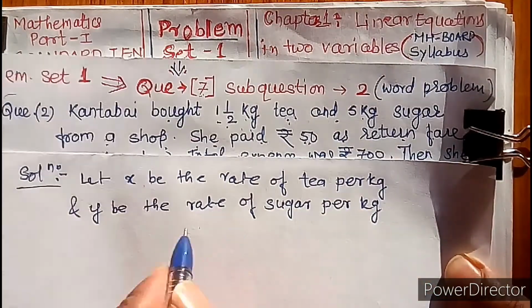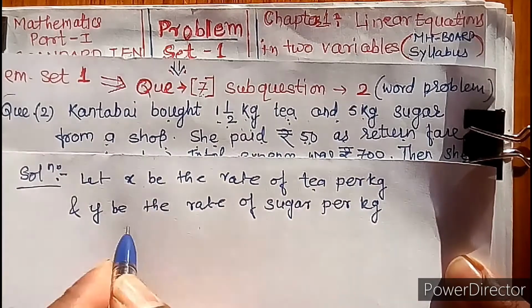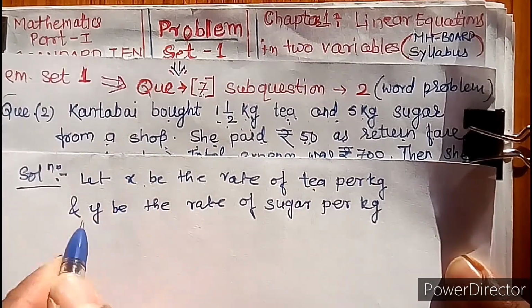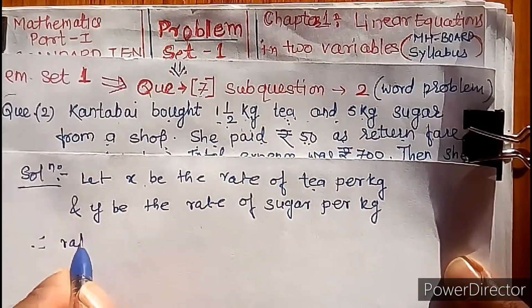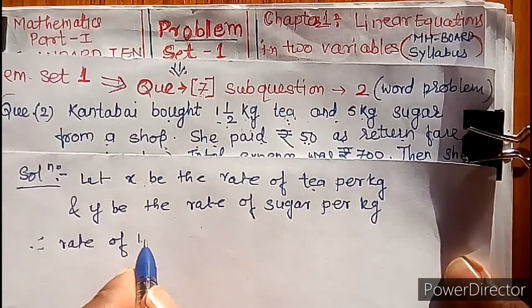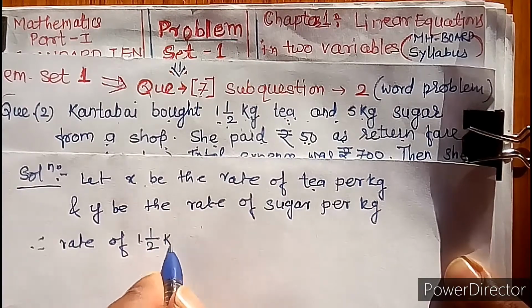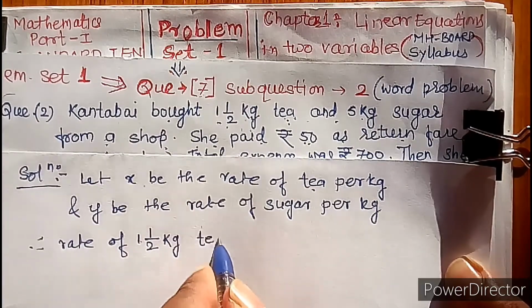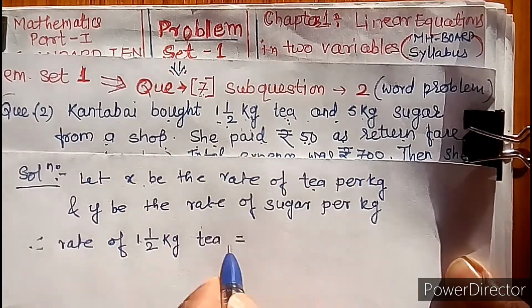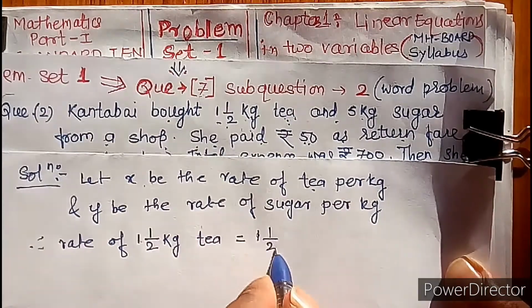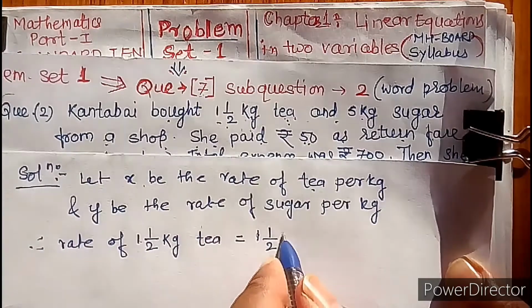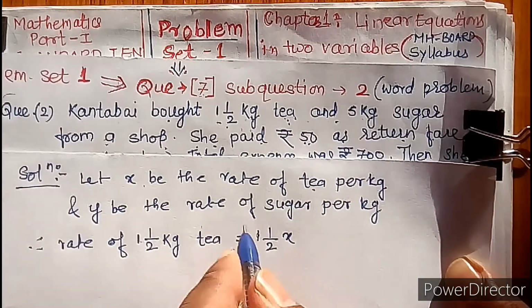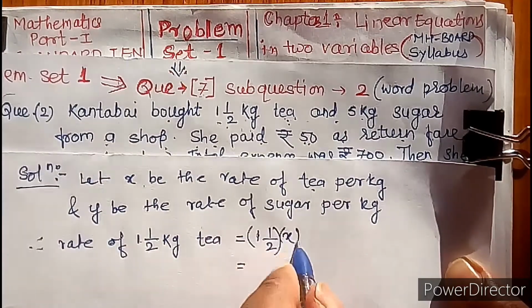Now we have assumed the rate of tea and the rate of sugar, that is x and y respectively. Therefore the rate of 1.5 kg of tea will be equal to 1.5 into, for per kg we assume x, therefore multiply it by x, we get 1.5 into x.